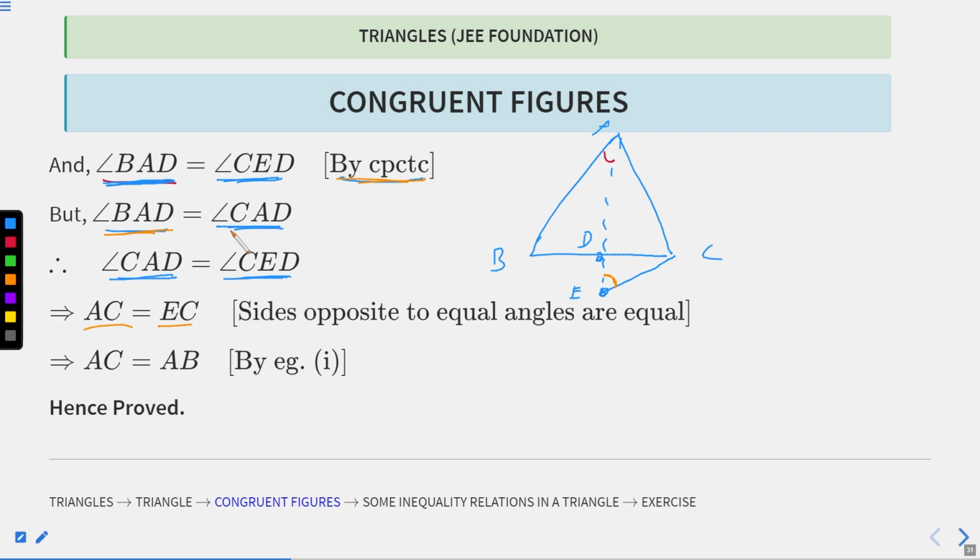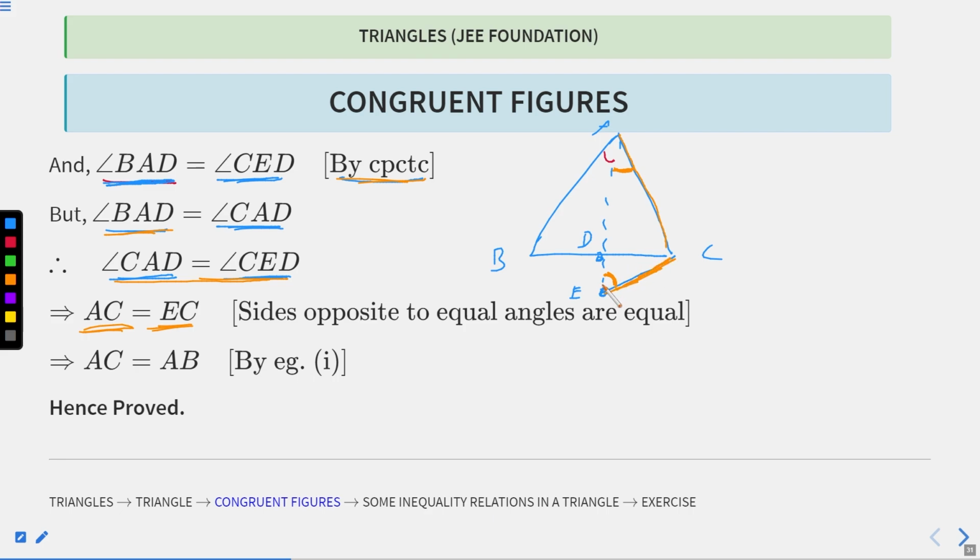And BAD is also equal to CAD. We know that because we drew the bisector for the angle A. So this angle CAD, this orange angle, is also equal to the orange angle CED. I hope this is clear. Now AC is equal to EC. Why?